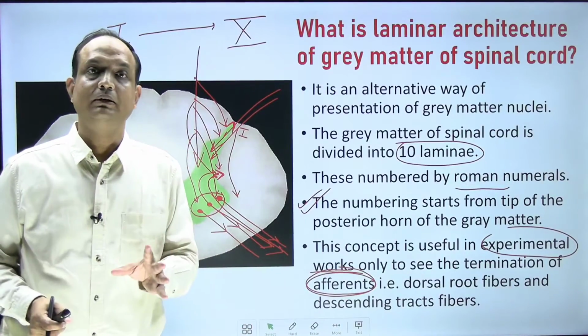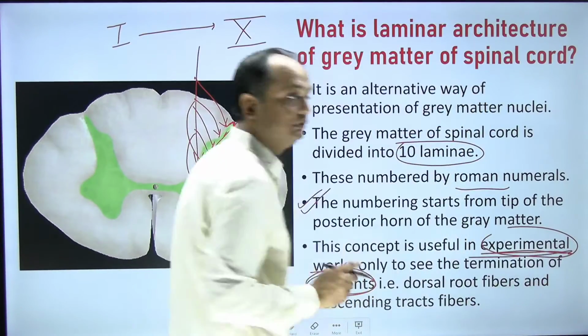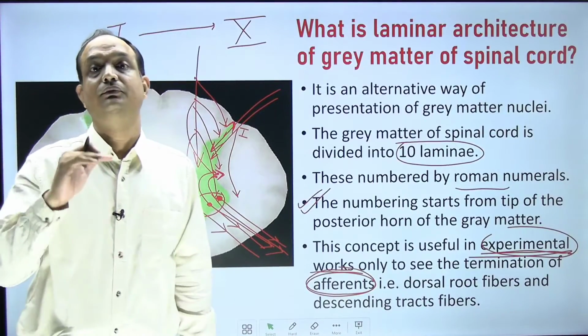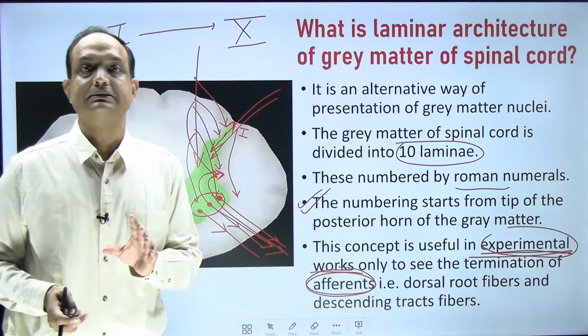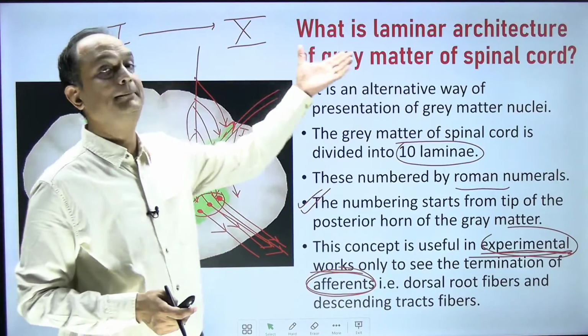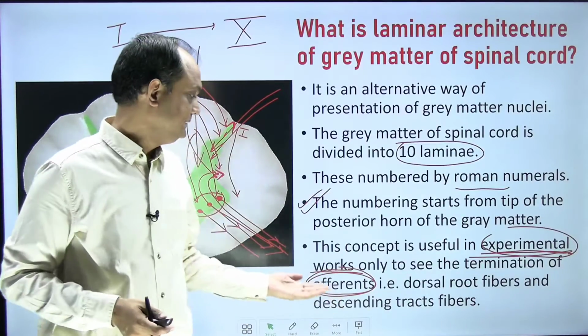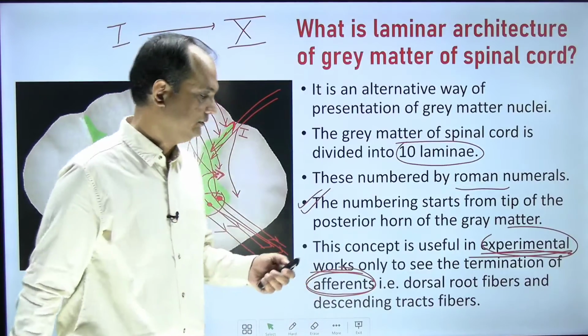How will you come to know this? You will come to know by experiments, and for this purpose you divide the whole area into different laminae. Clear? The most important question asked in the exam: Rexed laminar architecture is used to define what? The answer is termination of afferents into the spinal cord.